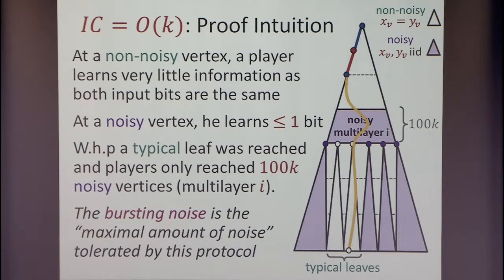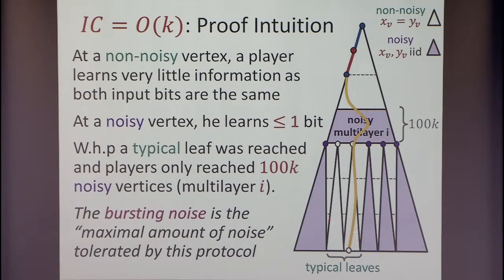And note that here, we had to be very careful with designing the bursting noise. We want to put noise over the whole thing here, but we can't. We must allow for this path to only encounter white vertices with high probability.